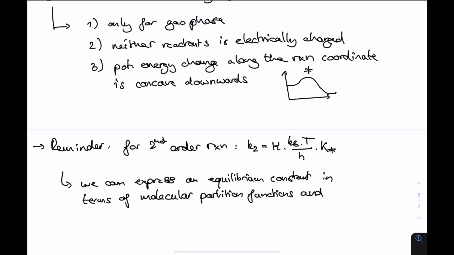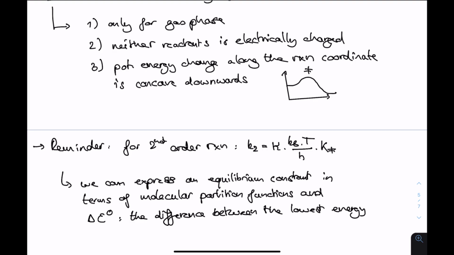and delta epsilon 0, which is the difference between the lowest energy levels of the species.